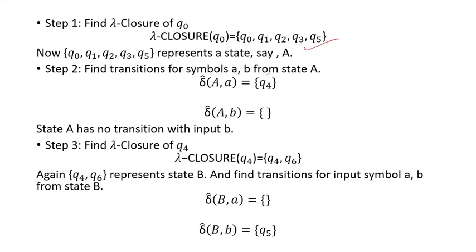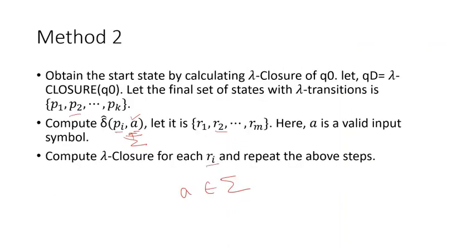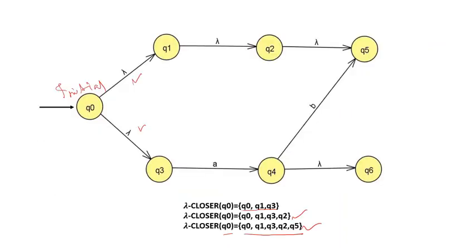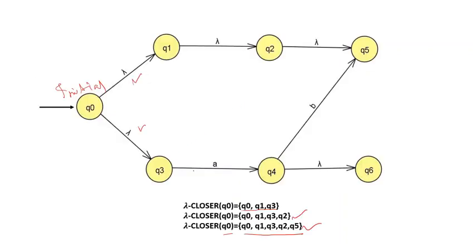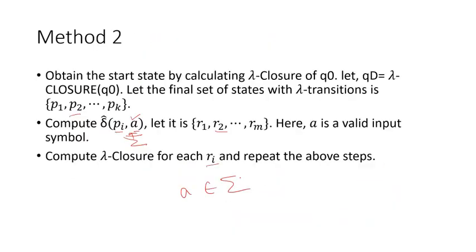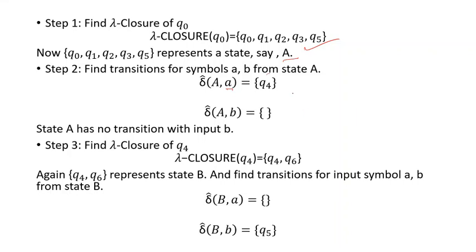Suppose we represent this set with A. Now we have to find if any path is possible for its symbols. In this example we have two non-lambda transitions, A and B. So for A, there is a path from Q3 to Q4, so we get Q4. For input B, there is no path possible from state A, so it is empty.